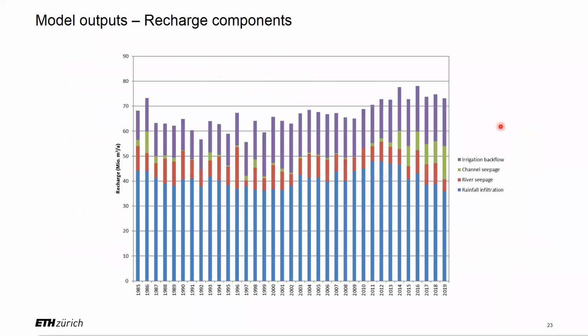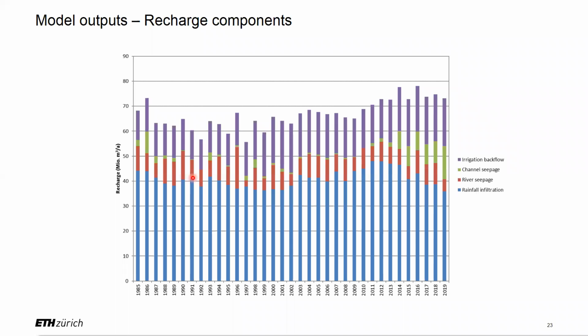So this is the model outputs. We can clearly see the yearly recharge components. Most of the recharge comes from the rainfall infiltration, which takes more than half of the total recharge. And about 20% of the total recharge is irrigation backflow, these purple bars.